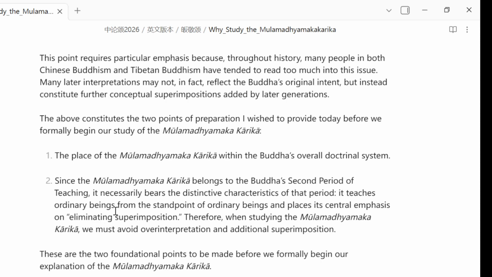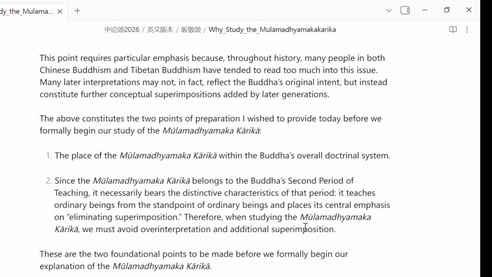It teaches ordinary beings from the standpoint of ordinary beings and places its central emphasis on eliminating superimposition.